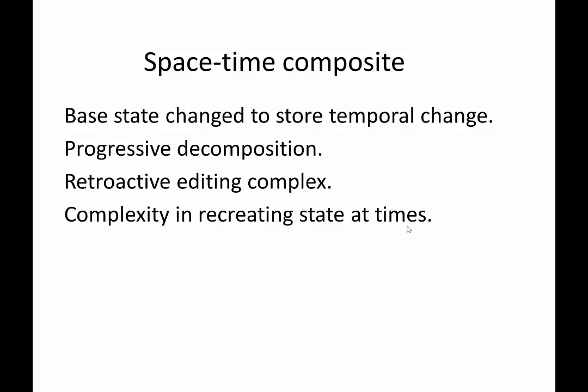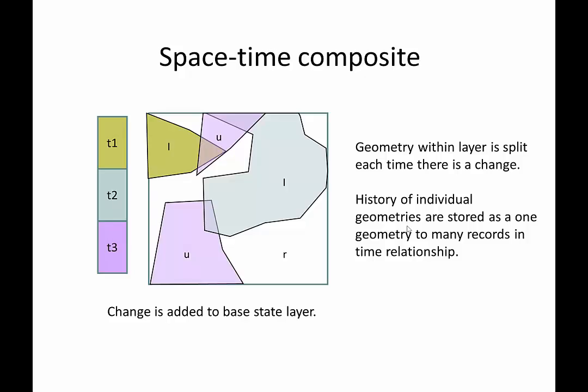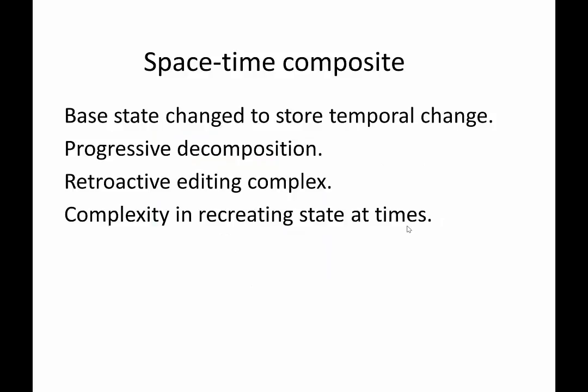You also, I hasten to add, need to know completely what's going on within that area to be able to do this. Again, it's a complex data model, and you're trying to edit changes that have happened in the past, and then propagating those changes into the future changes are, not surprisingly, quite complex.